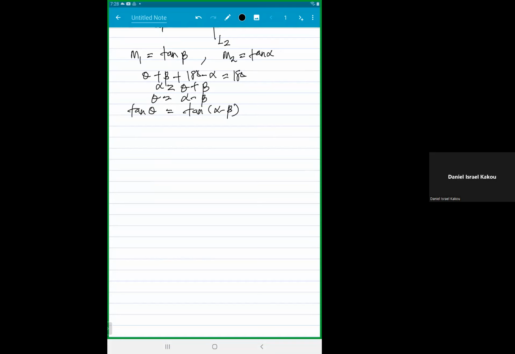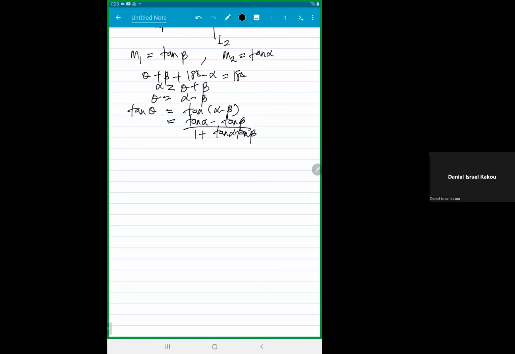If you remember from double angles, this is basically the same as tan alpha minus tan beta, all over 1 plus the product of the two tans, so tan alpha tan beta.